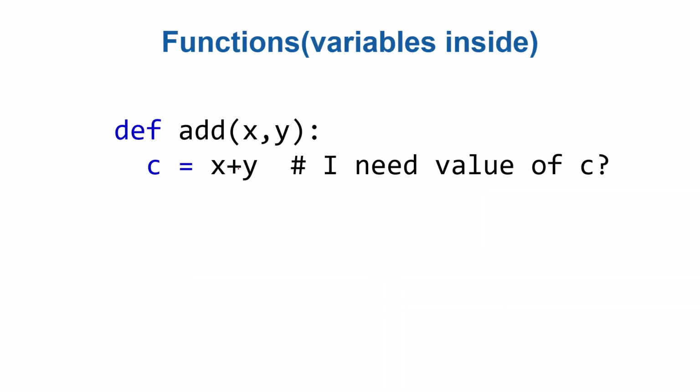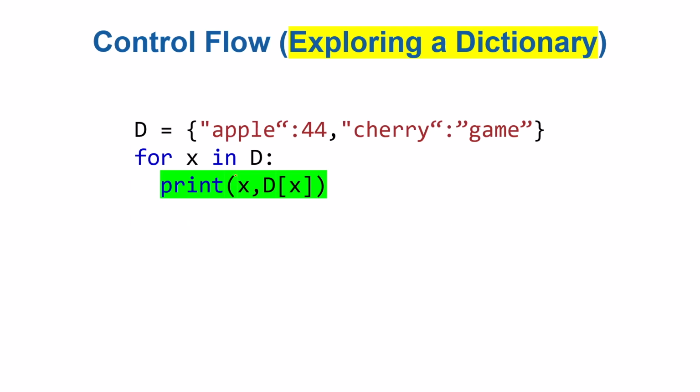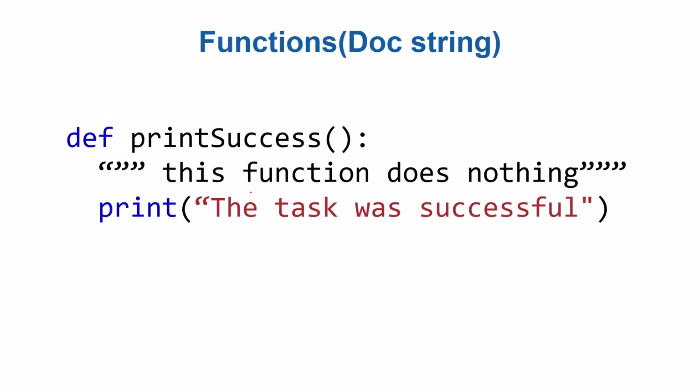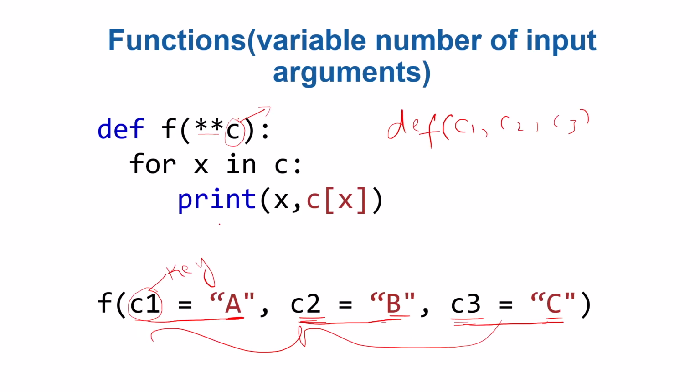Remember, we have actually done that kind of thing in the portion on loops. Here, remember, that was a key and that was a value, that was a key, that was a value, and we did that thing. We were able to explore the dictionary just using a for loop. It's the same thing here. It's not exactly, but you can think of it that way. So you can explore that C looks like a dictionary now.